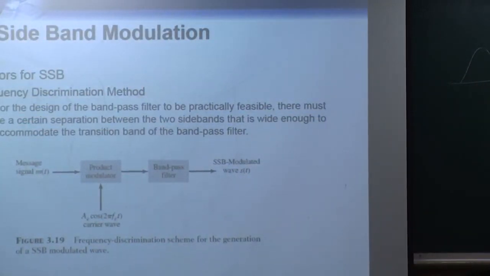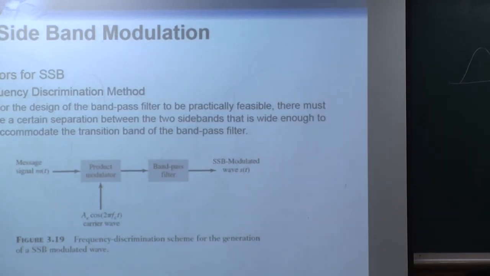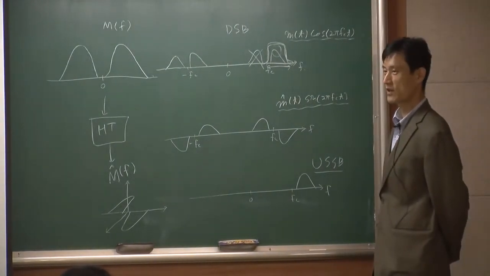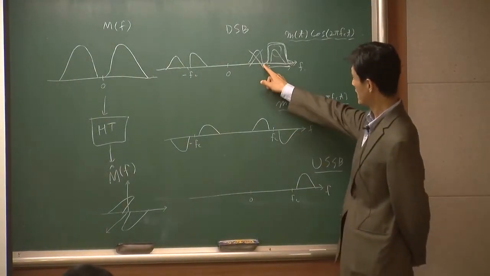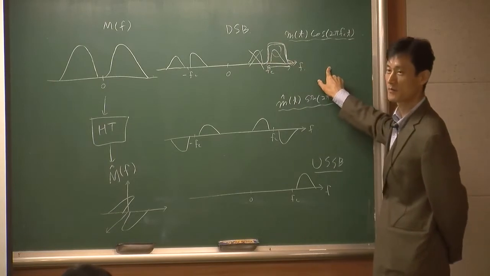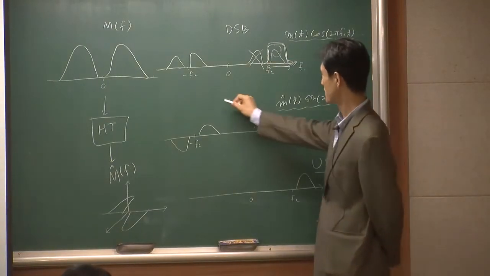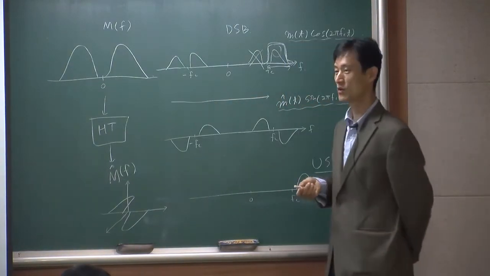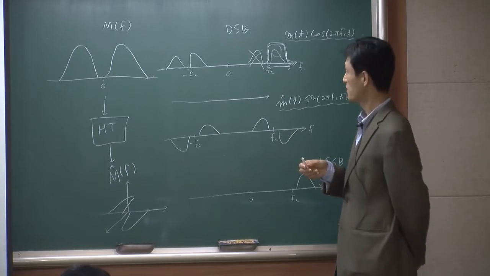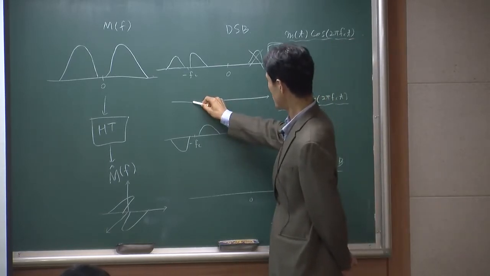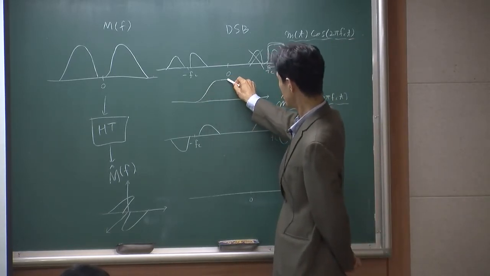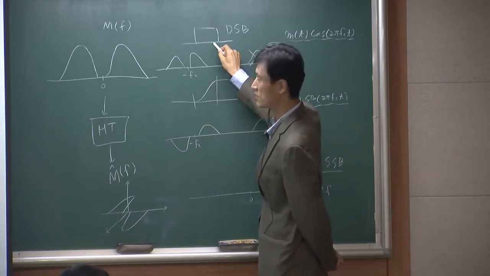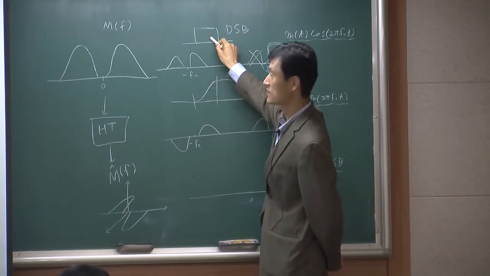But this method has a little bit of a problem. Ideally speaking, this seems to be the best way, but the problem is we cannot design the perfect bandpass filter. Always when you design a filter, not just a bandpass filter, any frequency filter, low pass, high pass, bandpass, you always have a roll-off region like this. You never design a rectangular filter. It's not possible in practice.